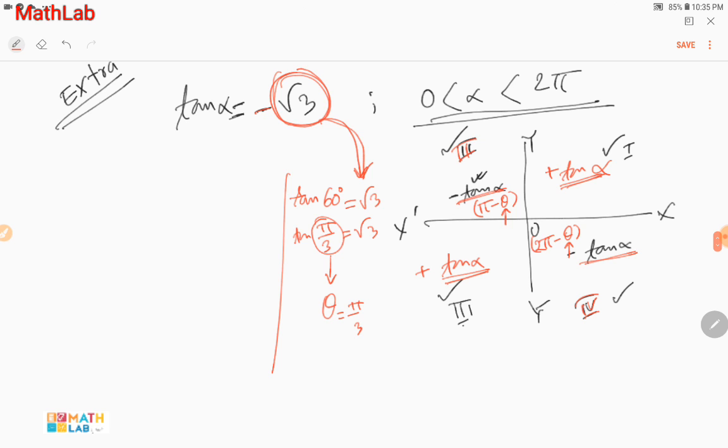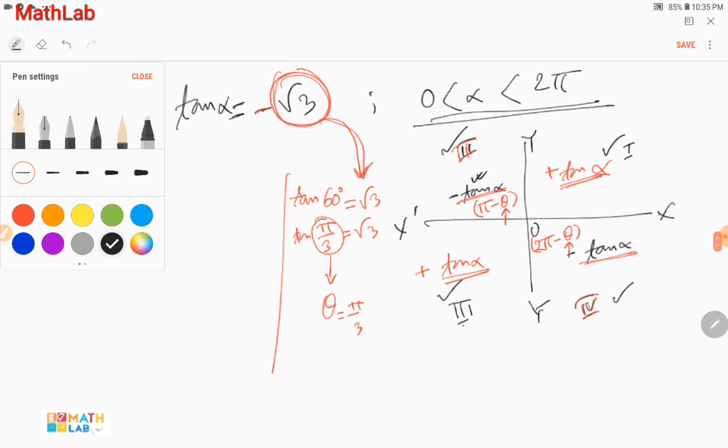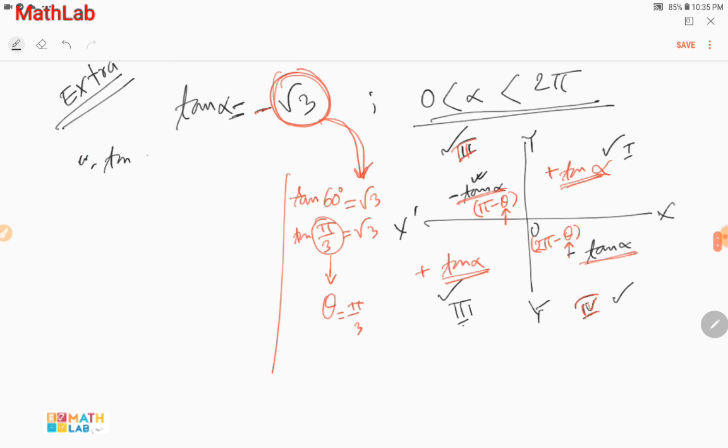Okay, so our answer will be tan alpha equals tan theta. For the second quadrant the answer is pi minus theta, where theta is pi by 3. For the other answer in the fourth quadrant, it will be 2 pi minus theta, and theta is pi by 3.